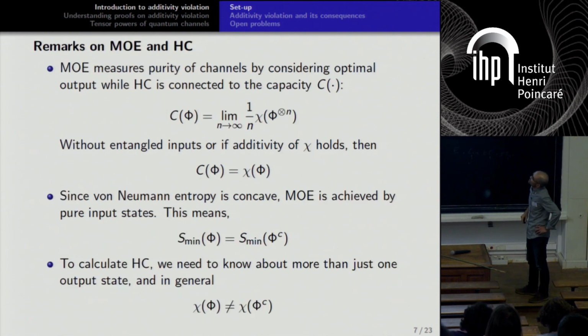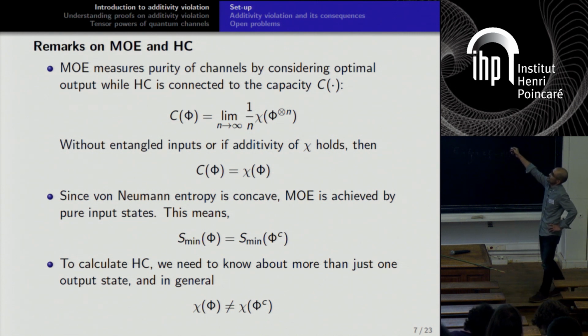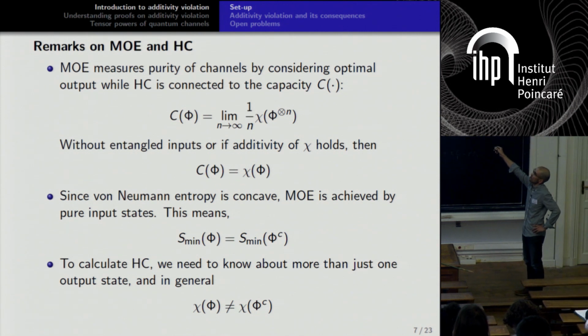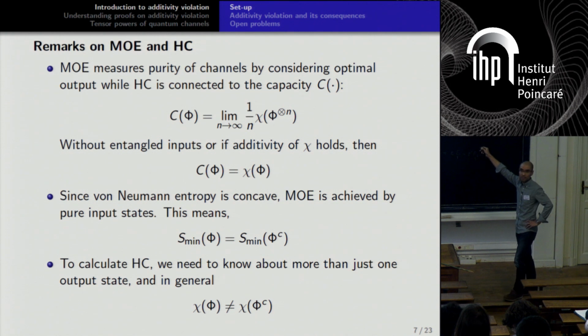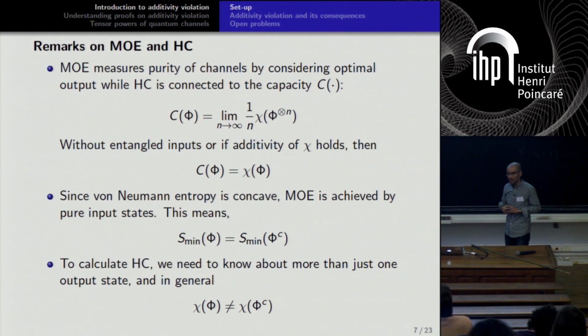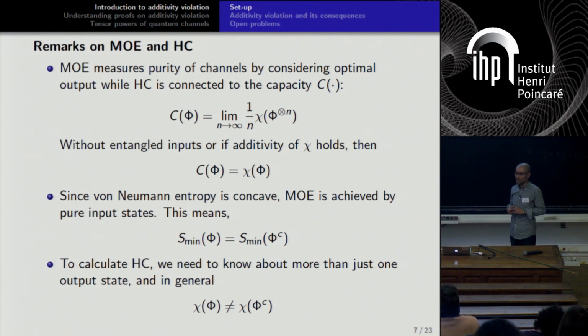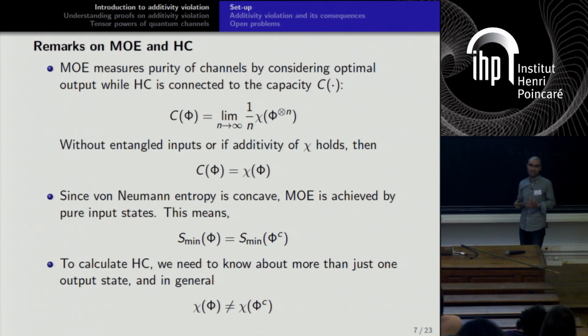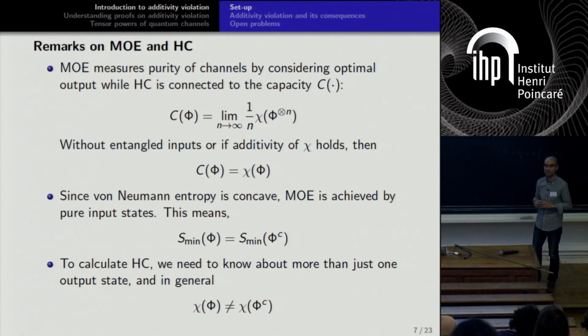Anyway, this C is the classical capacity of quantum channels, which is given by the regularization of the Holevo capacity. The reason why we have this kind of asymptotic expression is that, when we think of capacity, in the first place, we want to know how efficiently we can transmit information.